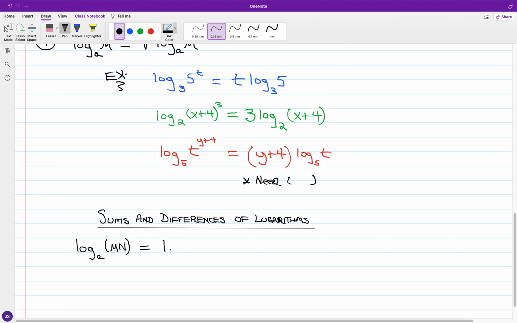So the base a logarithm of m times n: multiplication implies addition, giving the base a logarithm of m plus the base a logarithm of n.